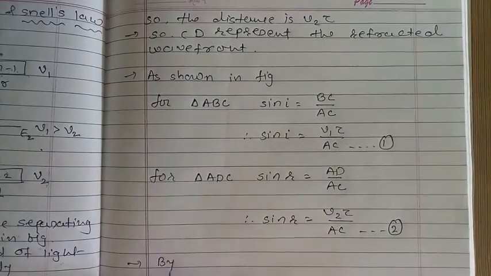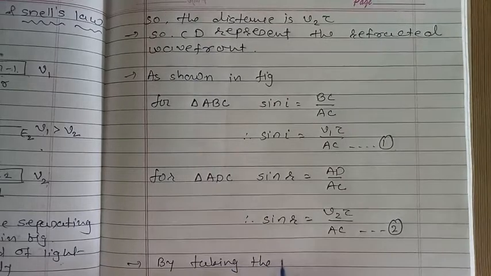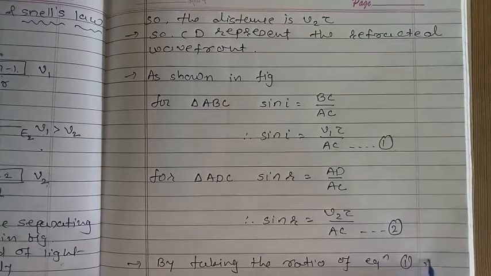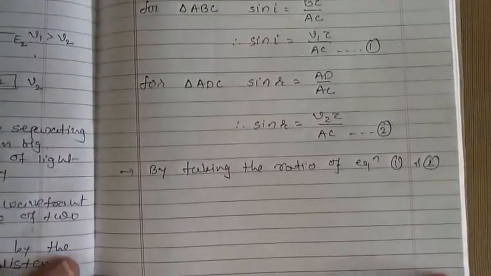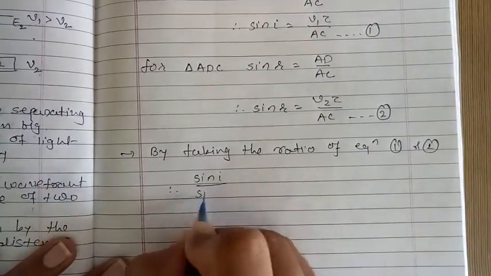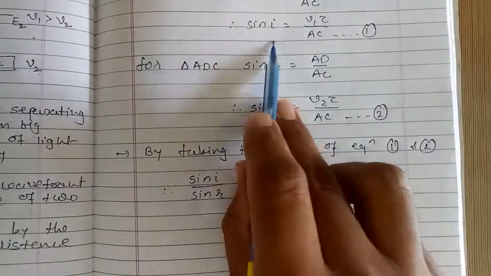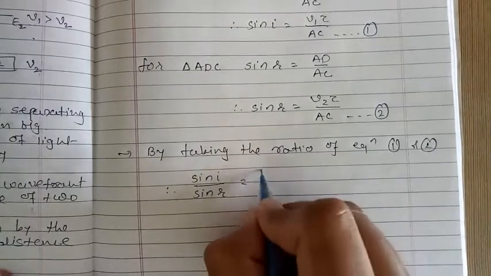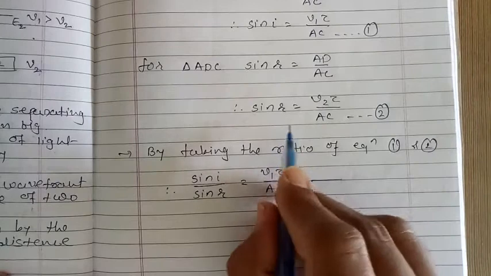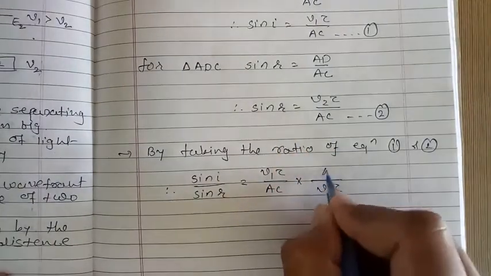So by taking the ratio of equations 1 and 2, we get sin I upon sin R is equal to, here the value of sin I is V1 tau upon AC, into, sin R we write from the denominator, V2 tau upon AC.